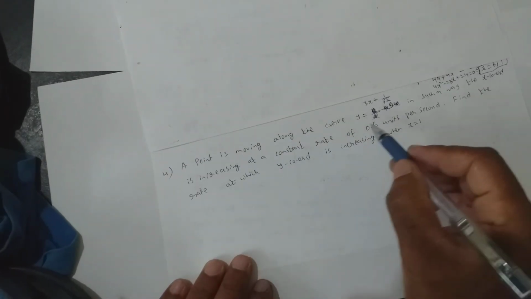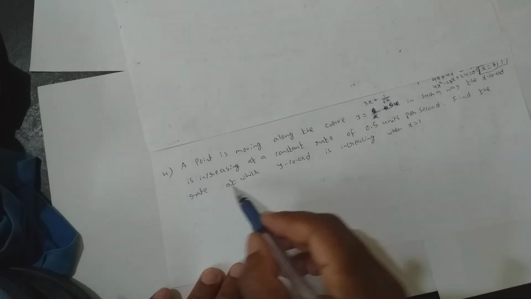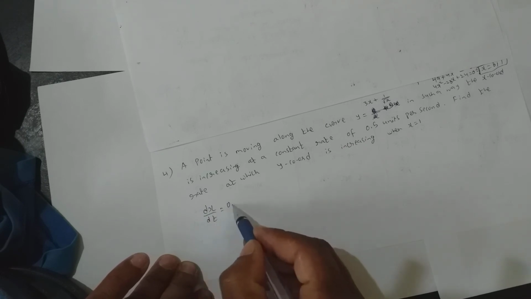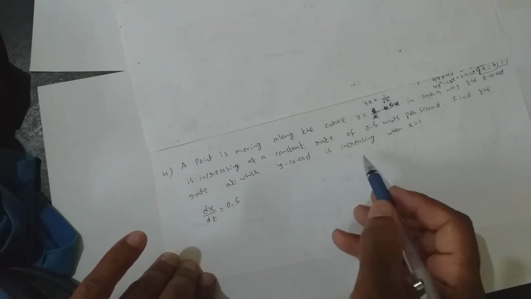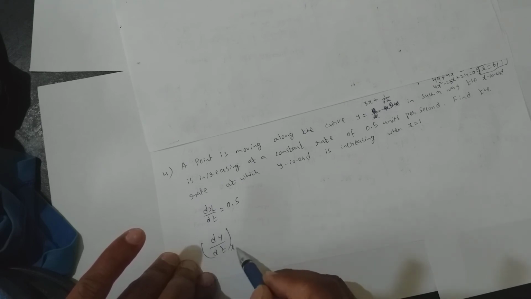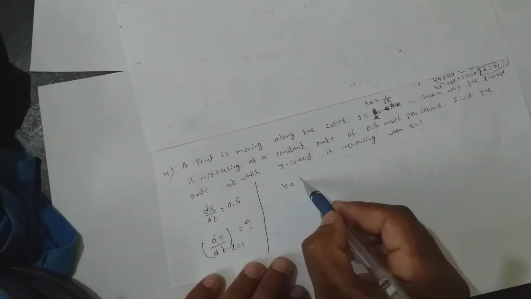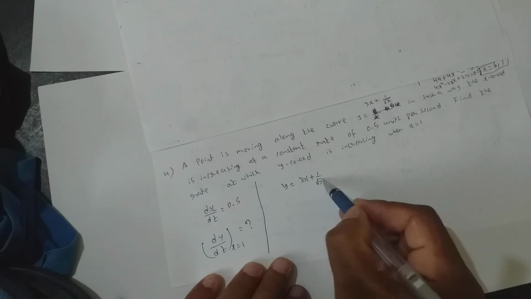Now look at one more sum. A point is moving along the curve in such a way that the x coordinate is increasing. So the x coordinate is increasing means dx by dt equals 0.5. Find the rate at which the y coordinate is increasing. They are asking dy by dt when x equals 1 equals how much? So given y equals 3x plus 1 by root x.